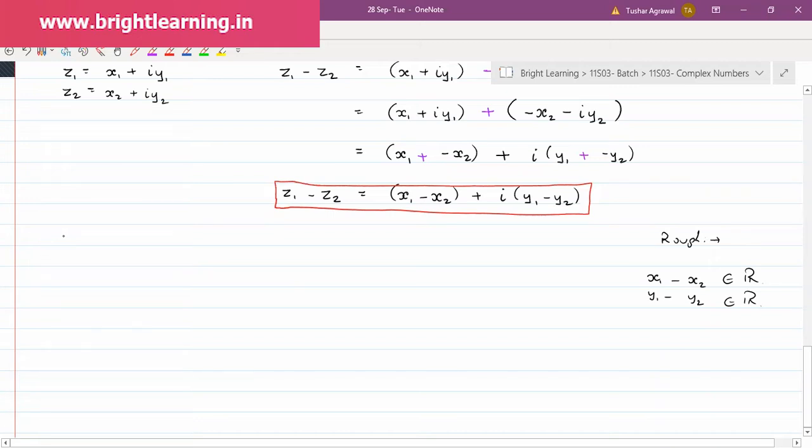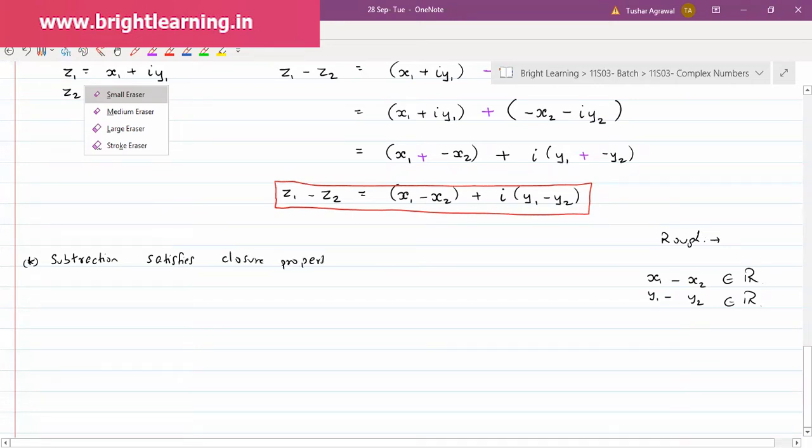So can I say that subtraction of complex numbers satisfies the closure property? Because whatever Z1 and Z2 you pick, any random number of your choice, their subtraction will always belong to the set of complex numbers, no matter what Z1 and Z2 you choose.